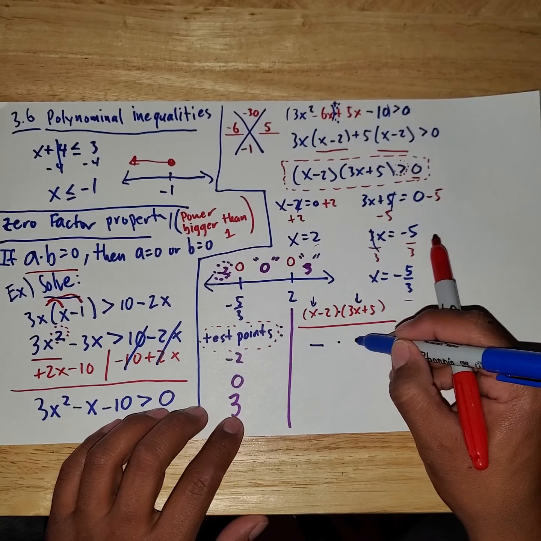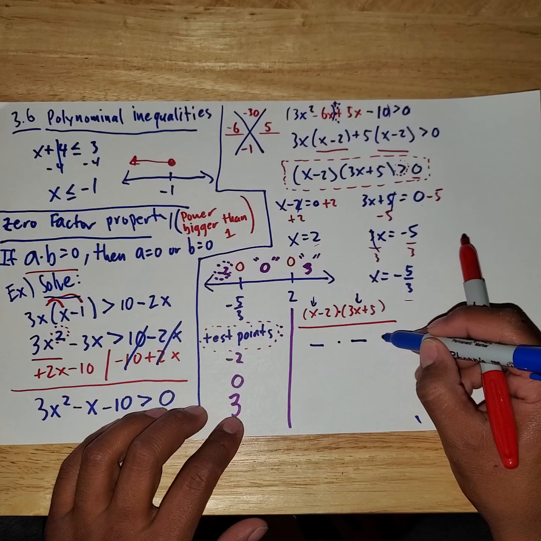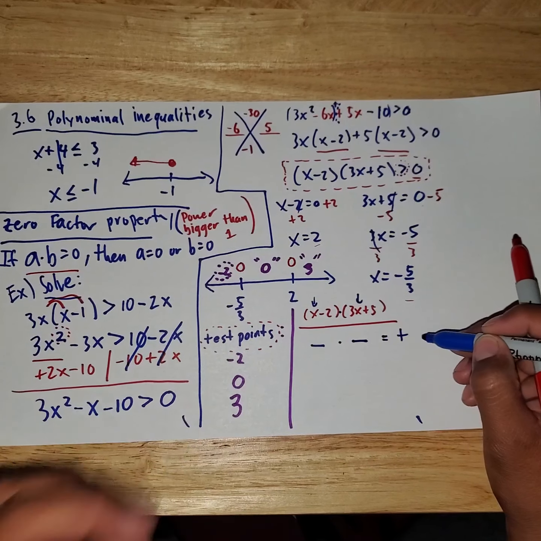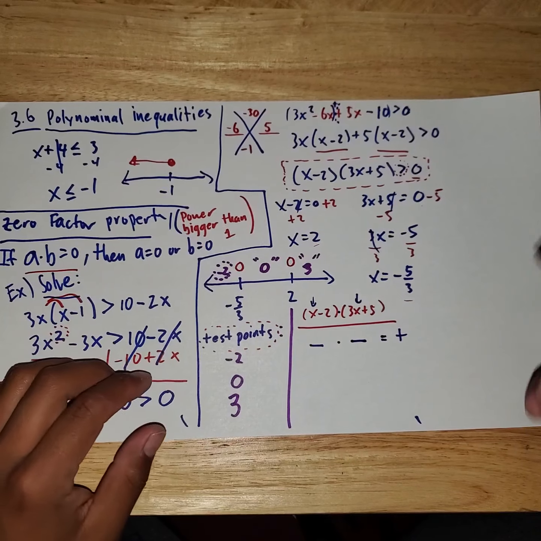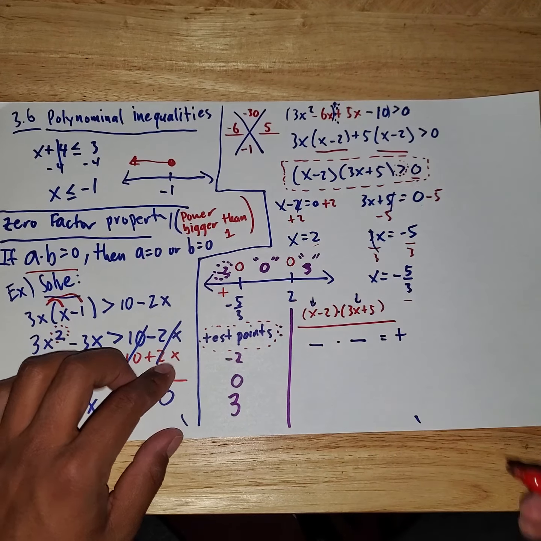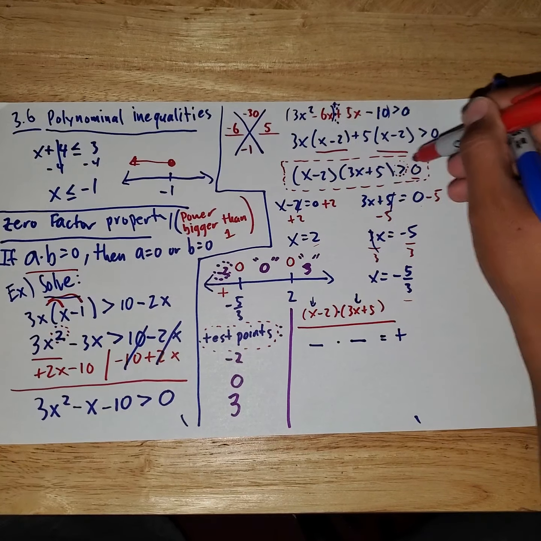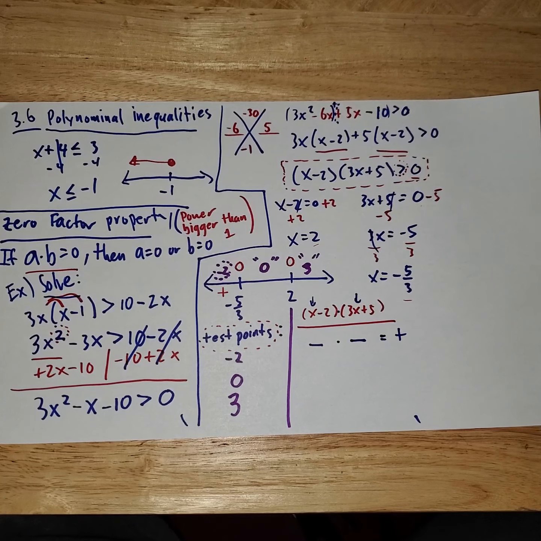Plus 5 is still going to give me a negative. And we know a negative times a negative is going to give us a positive. So that means right here on this side, all my values are going to be positive, which is something I actually want. I want numbers that are bigger than 0. So that means I want positive numbers.